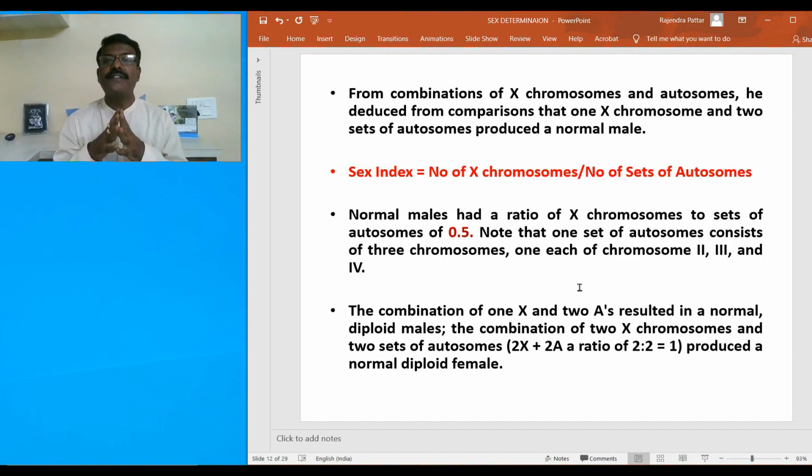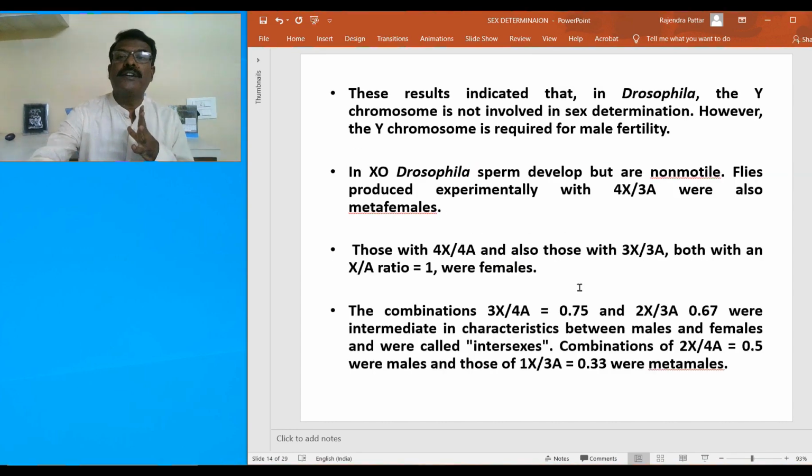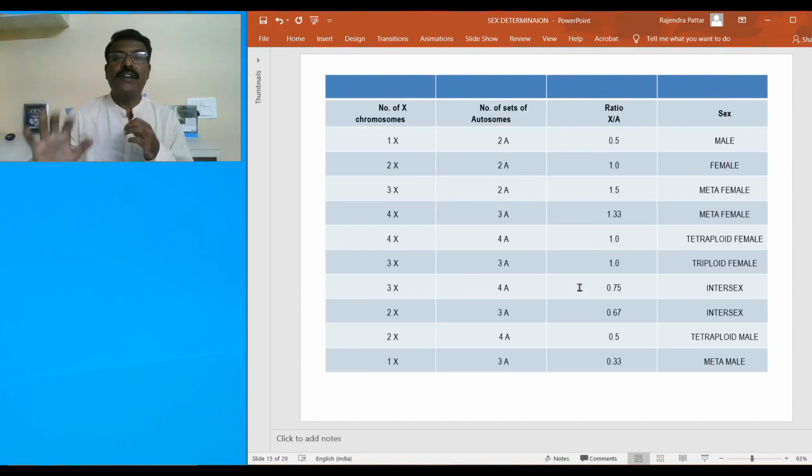Please try to understand. Let me refer to this table directly so that you will understand it more clearly.